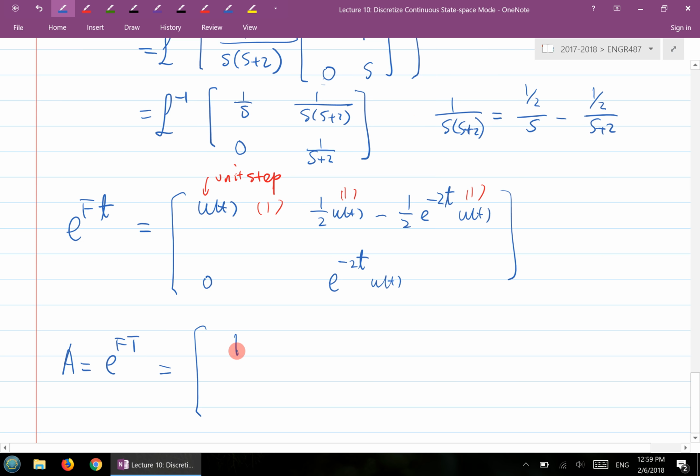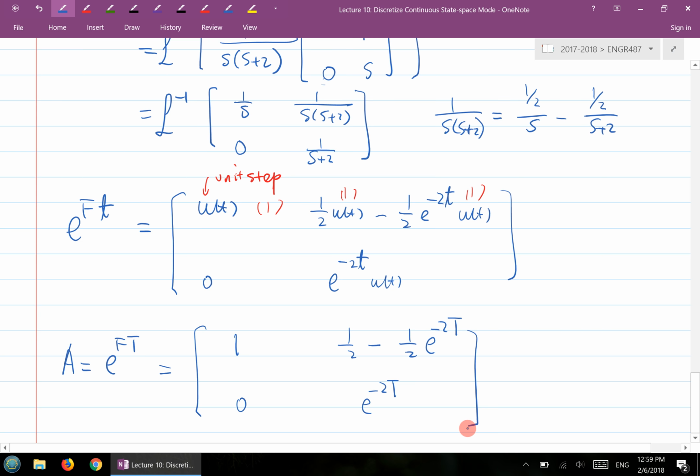So just take it as 1 here. And here is 1/2 minus 1/2 e to the power of negative 2T, which replaces the small t with capital T. And this is 0 here. This is e to the power of negative 2T. That's basically your A matrix here.